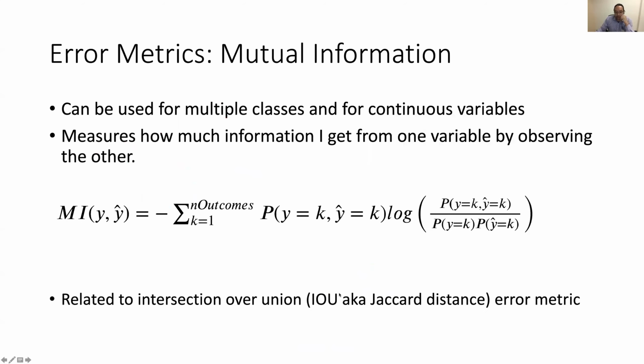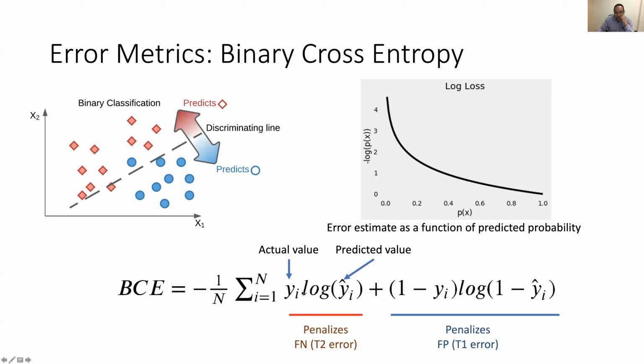How does that work? If this is 1, and I'm doing my job right, then my predicted value is close to 1. And log of 1 is 0, so you don't get penalized. If I'm doing a poor job, then this value is close to 0, and log of a number that's tiny is close to negative infinity.